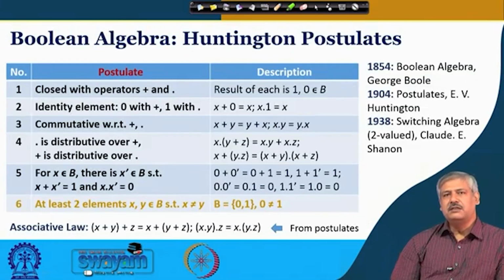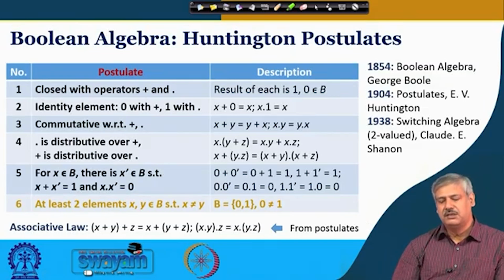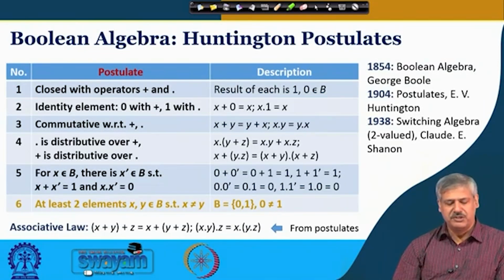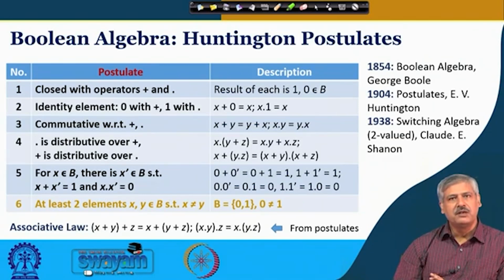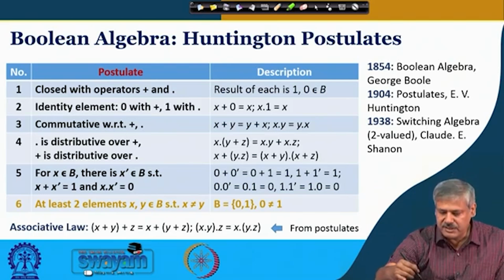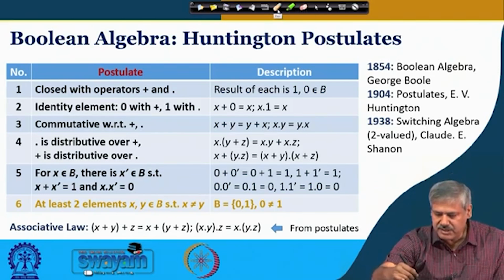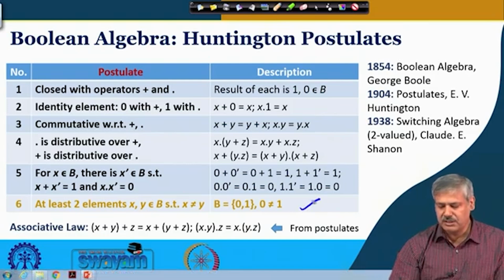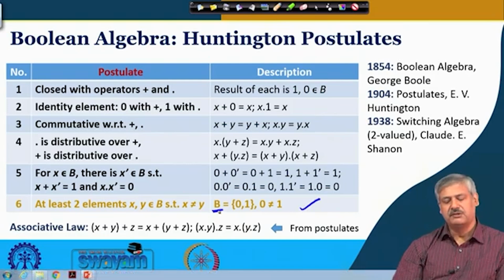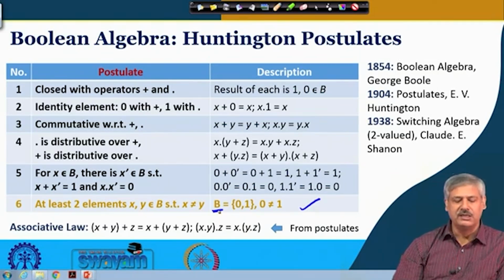So, as I said, Huntington postulates form the basic premise of this Boolean algebra. It has 6 postulates, okay. And here we are talking about two valued Boolean algebra. So, it has two elements, and these two elements are unique. They are 0 and 1, forming the set B, right, and 0 of course is not equal to 1.